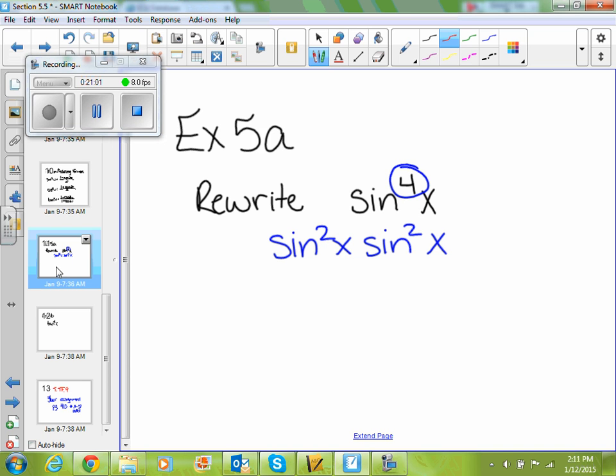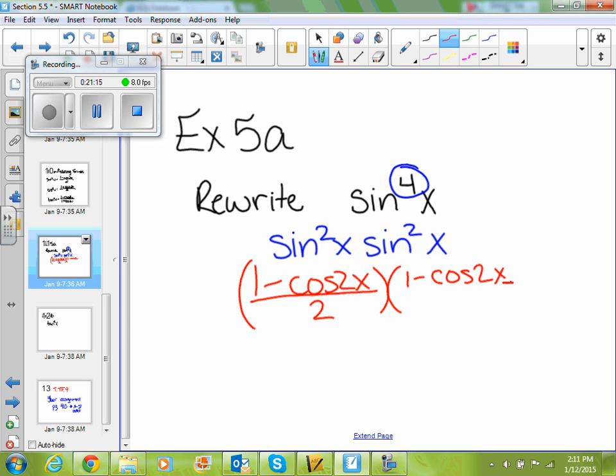My sine squared formula is 1 minus cosine of 2x over 2. So if I simplify each of these, I get 1 minus cosine of 2x over 2 for each of them. And then we can multiply straight across because they're fractions.